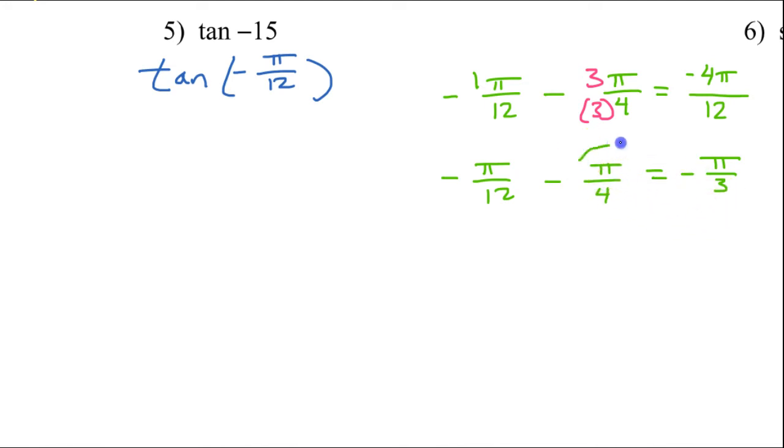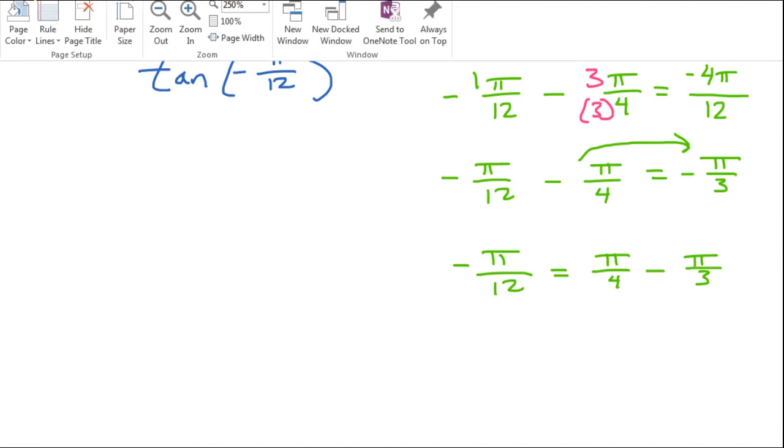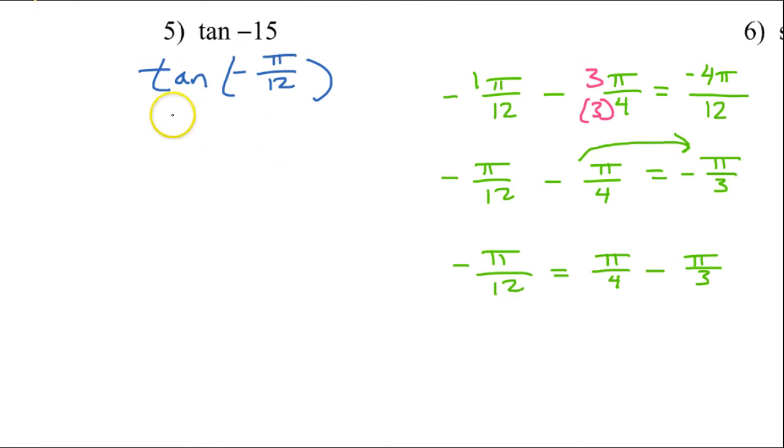Adding pi over 4 to both sides, and thus moving it to the right hand side of the equation, gives me negative pi over 12 equals pi over 4 minus pi over 3. Interesting. So I am going to rewrite the problem using this fact.